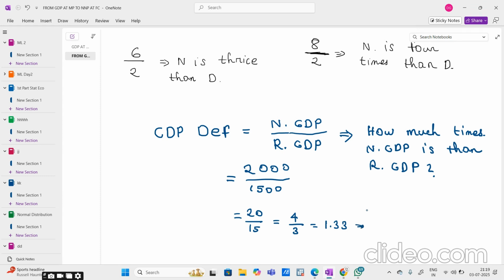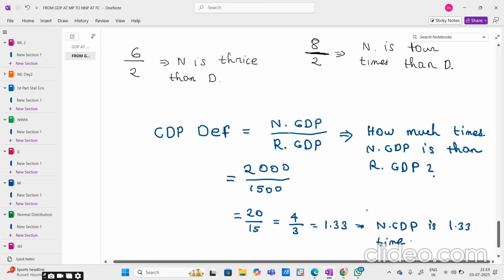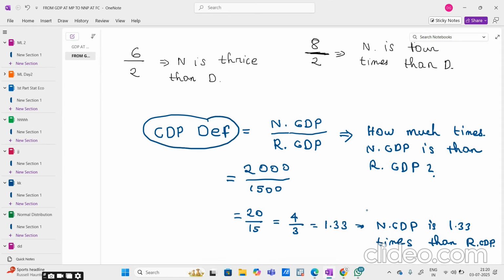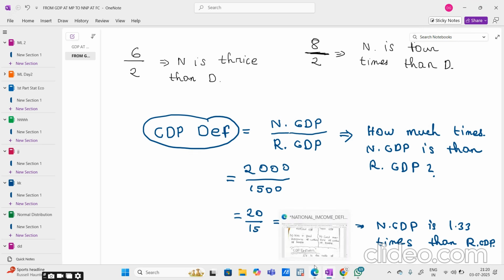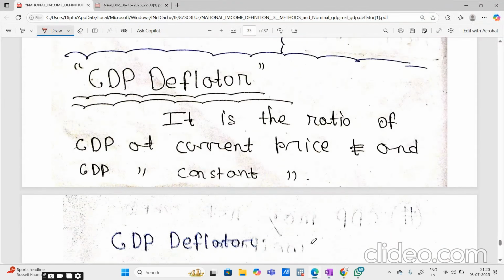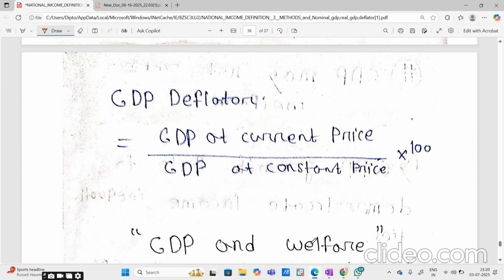So can I say that nominal GDP is 1.33 times real GDP? So GDP deflator tells how many times nominal GDP is of real GDP. The formula of GDP deflator is also discussed, and you can go through the numericals of GDP deflator which are also given here. You can go through this note also.